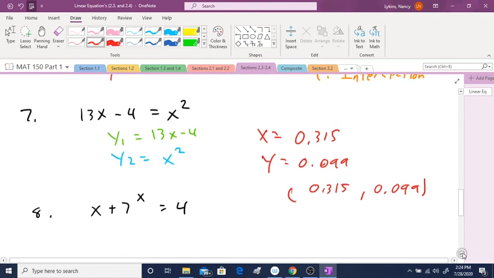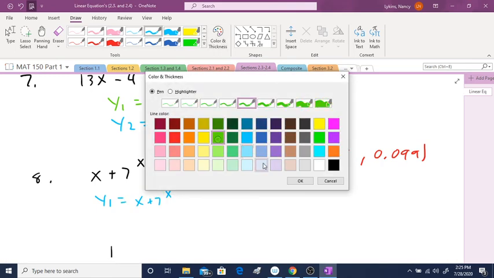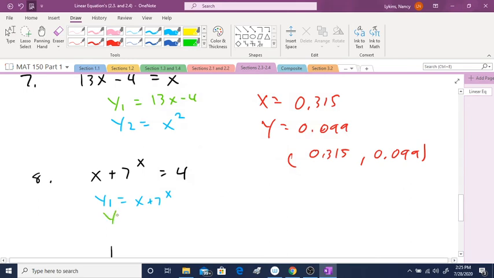Now, finally, in example 8, I've got x plus 7 raised to the x power. So y1 is going to be x plus 7 raised to the x, and my y2 is going to be 4.